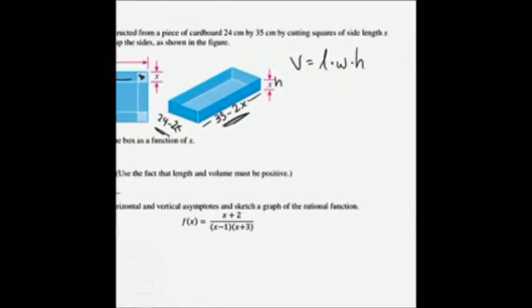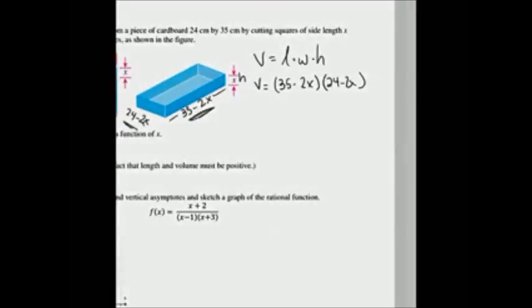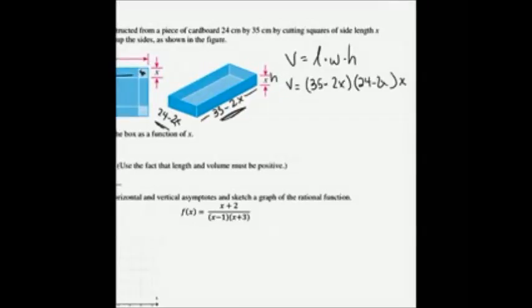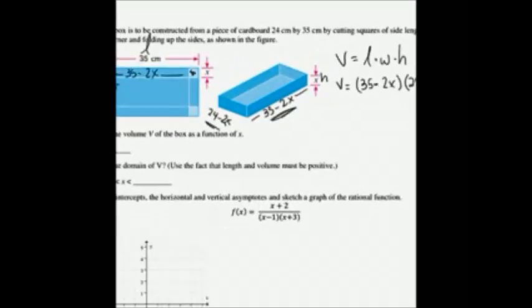So volume in terms of x would be 35 minus 2x times 24 minus 2x multiplied by x. And that's our volume function.